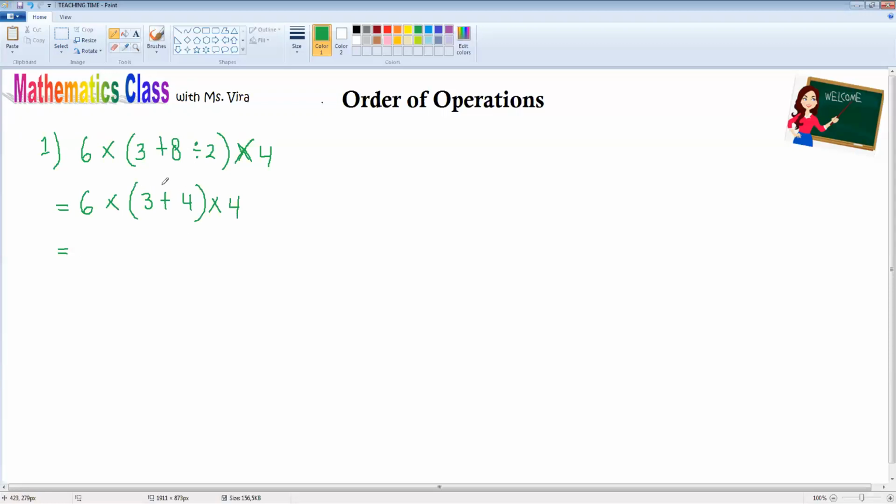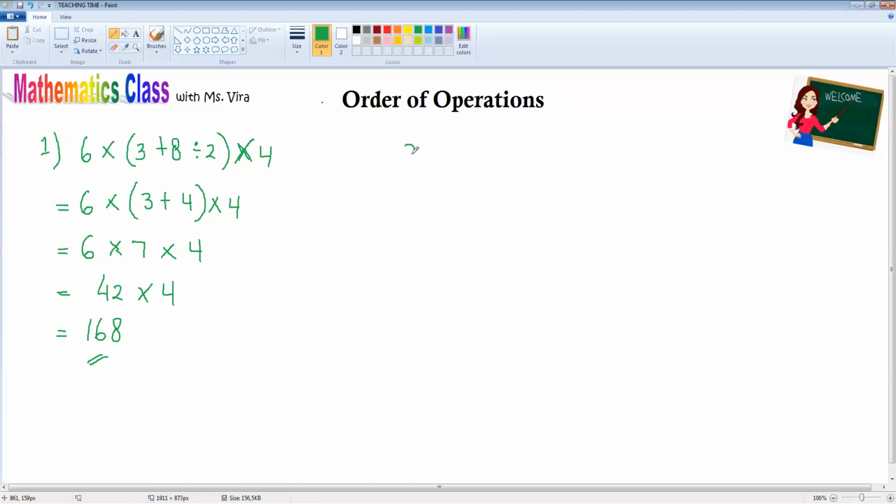And then this one is in the bracket, so 6 times 3 plus 4, 7 times 4. Because both are only multiply, we need to work from the left first. So 6 times 7, 42 times 4. And then the answer is 168.